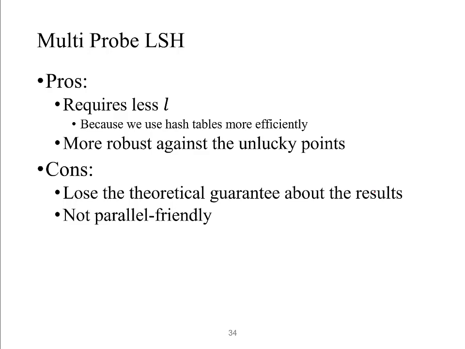And also it is more robust against those unlucky points, those points that should fall into the same bucket as the query, but don't, right? So this is the good thing about using multi-probe LSH.